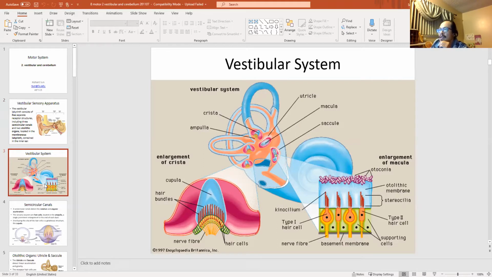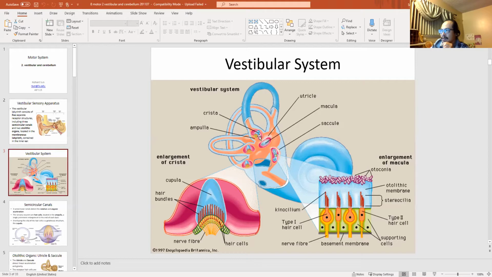So here is a close look into this vestibular system. You can see 1, 2, 3, 4, 5 different sensory organs. Each organ contains the hair cell. These three semicircular ducts are oriented in three different orientations, and within them is the fluid.